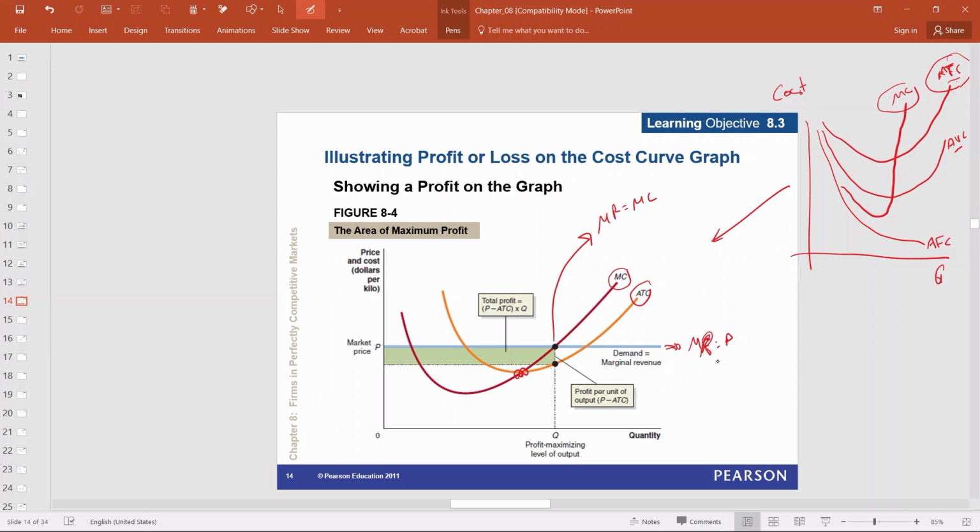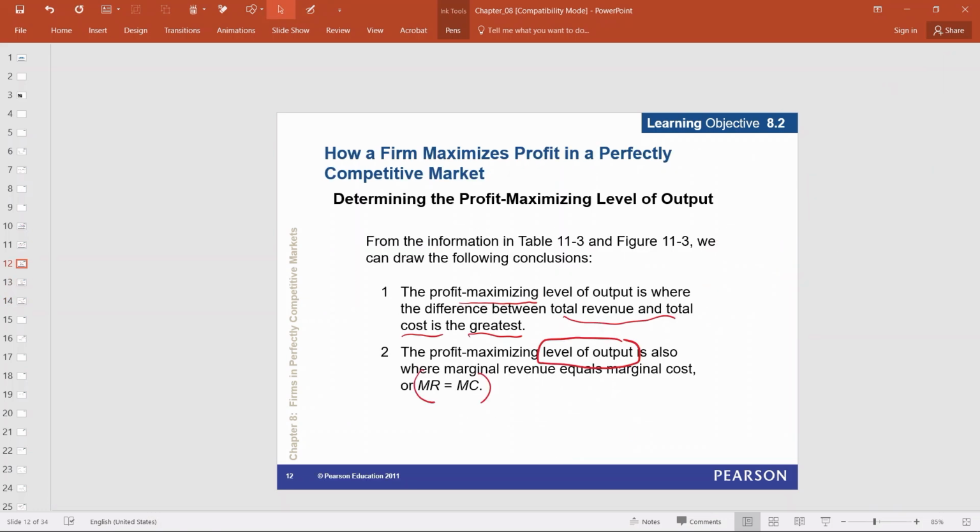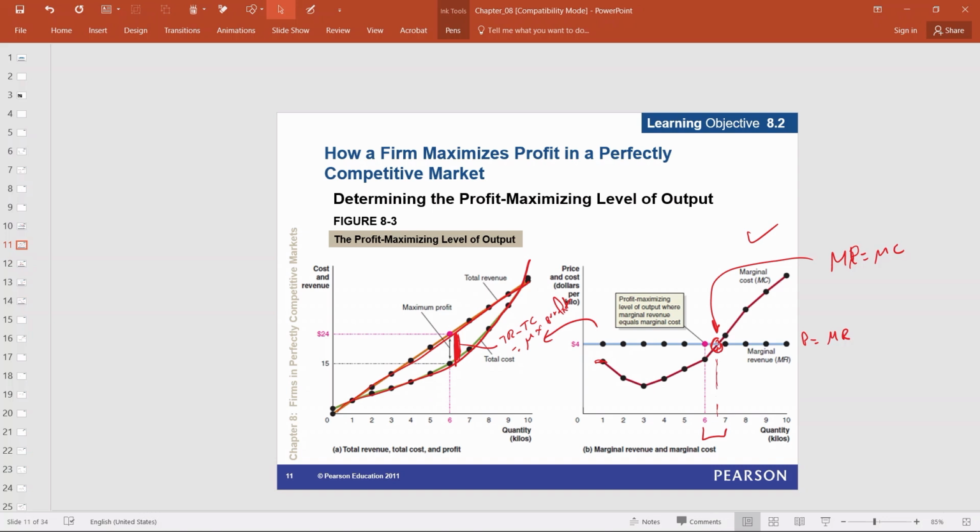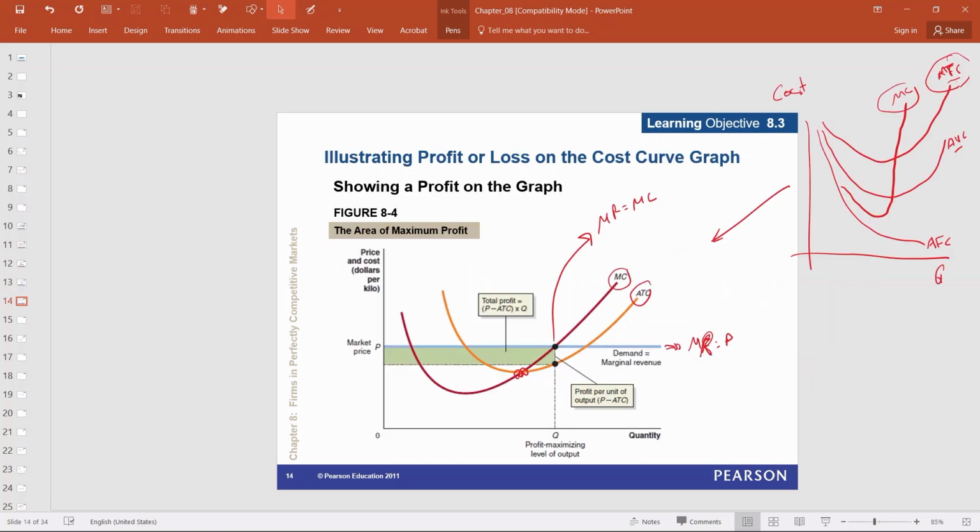So price equals marginal revenue. You look at the level of output where marginal cost equals marginal revenue. This is the point that we are interested in, the intersection between marginal cost and marginal revenue.